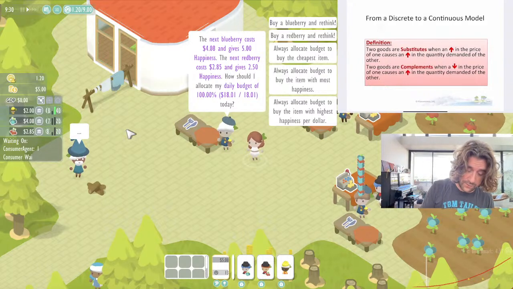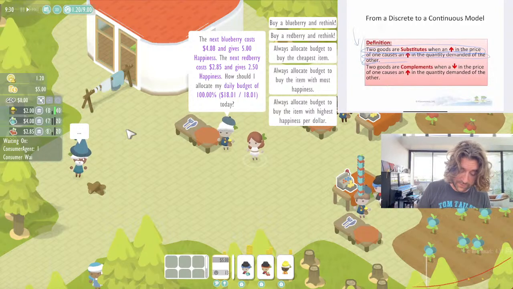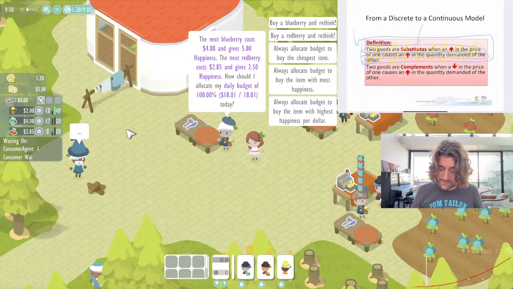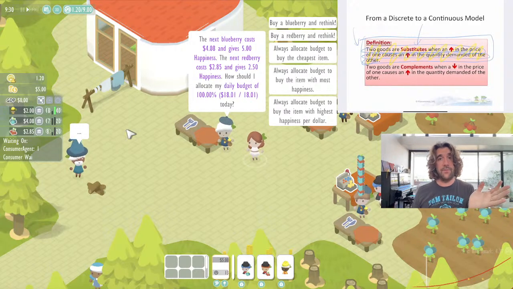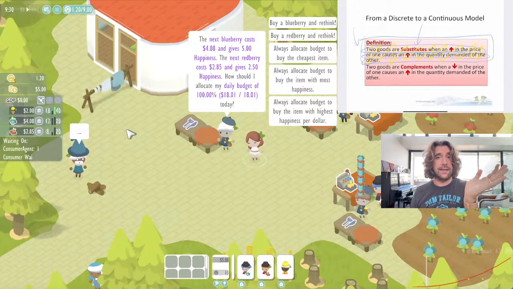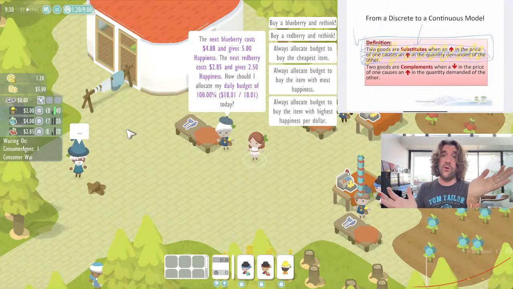And we say that two goods are substitutes if an increase in the price of one of the goods determines an increase in the quantity consumed of the other good. And this is really the example that we have here in this level. Both these goods, red berries and blueberries, are substitutes. If the price of blueberries goes up, the cost-benefit principle suggests that you should consume less of it and more of red berries.